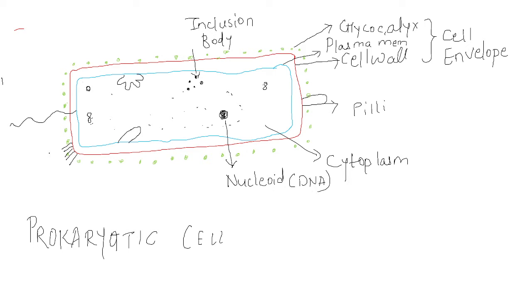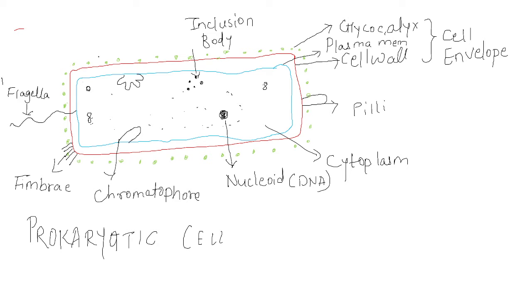Next, this is the chromatophore. This hair-like, bristle-like structure is called fimbriae. This is flagella. What is flagella used for?